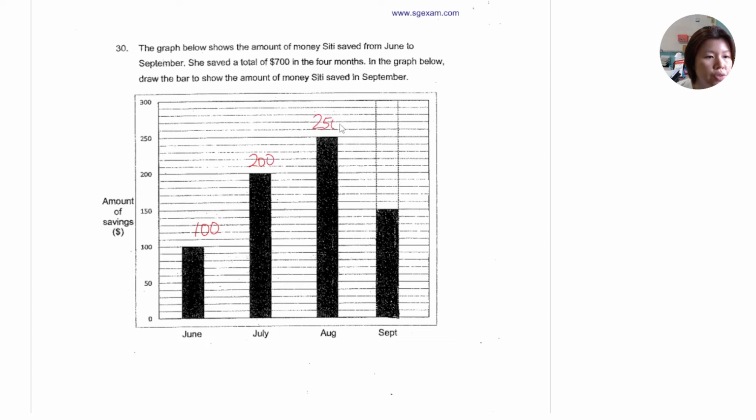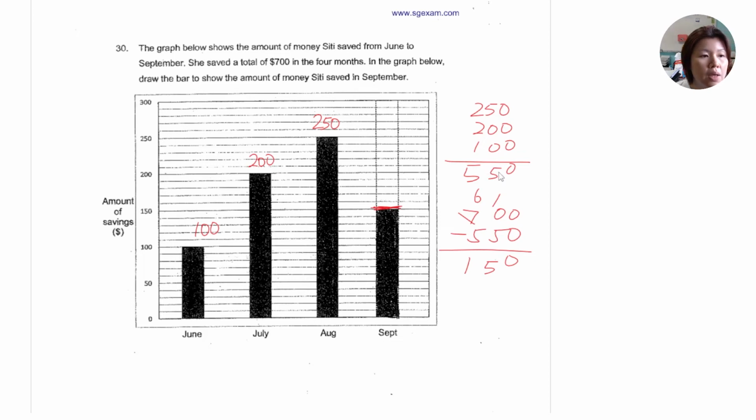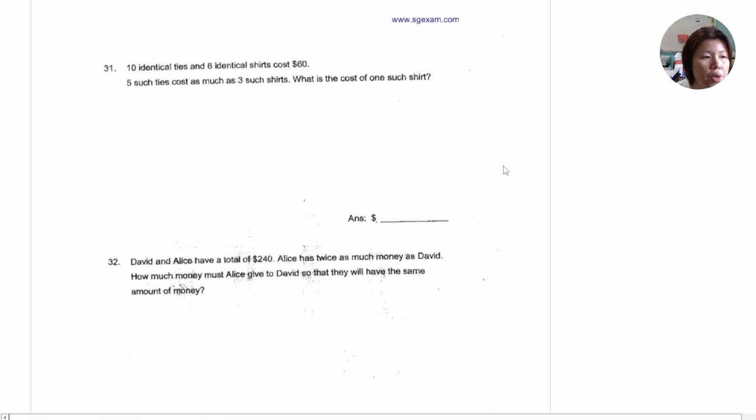August is 250. So it's 250 plus 200 plus 100. So total is 700 minus 550. That is how you will get $150. Okay, now let's move on.